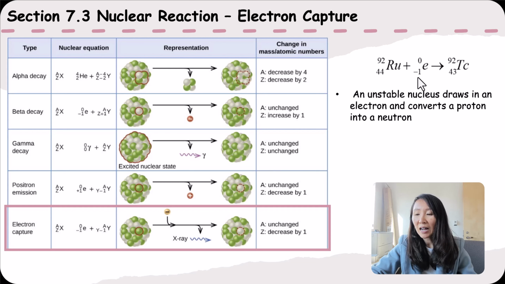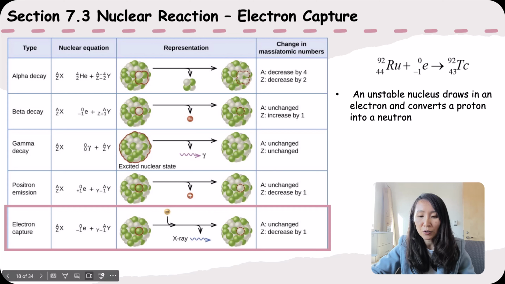Now, this unstable nucleus, the ruthenium, is going to draw in this electron and convert a proton into a neutron. If you look, the green is the proton, and this white portion is a neutron. So you can see the change from the proton to a neutron while capturing an electron.